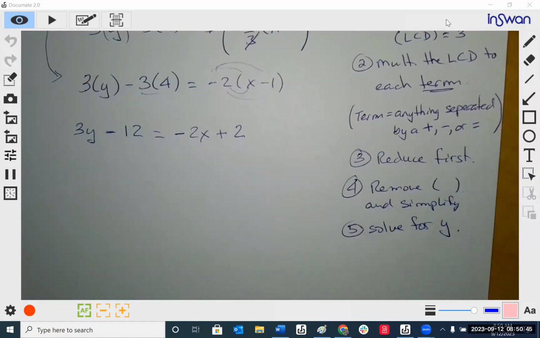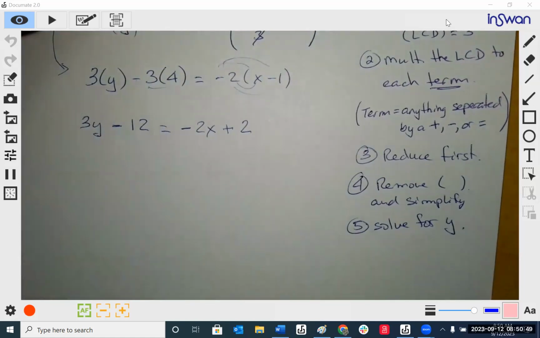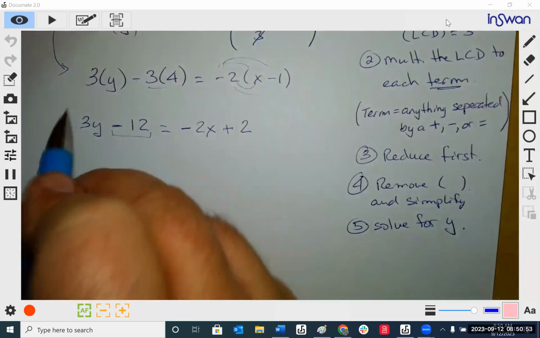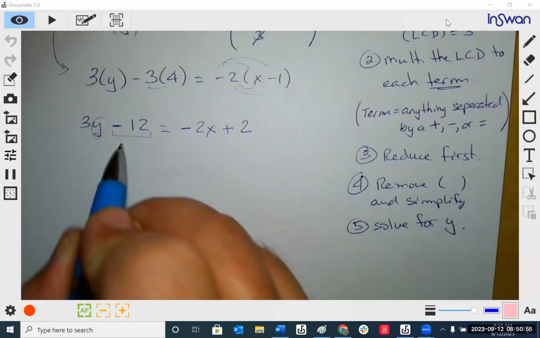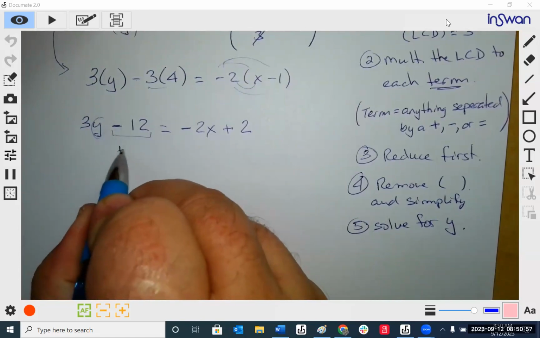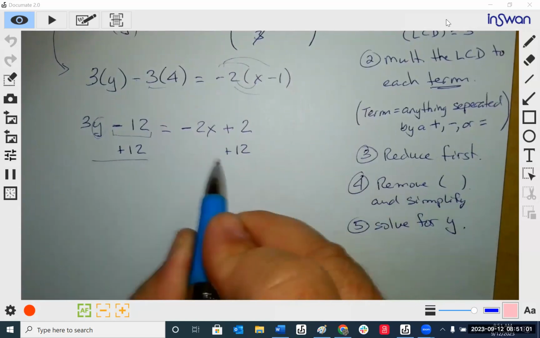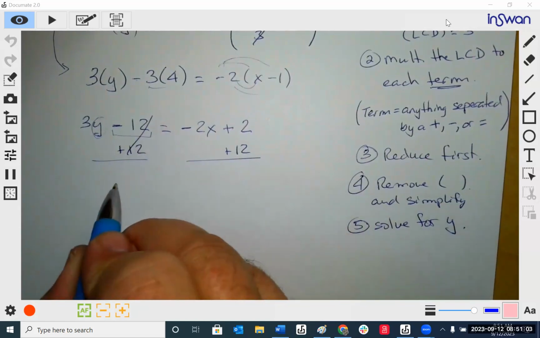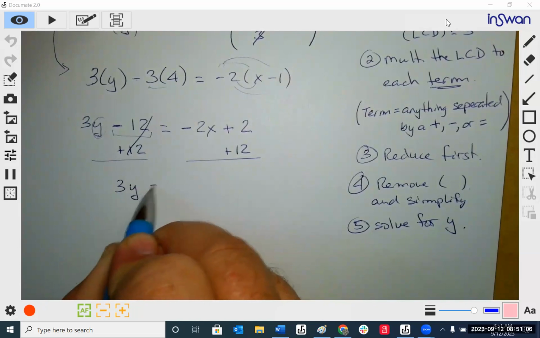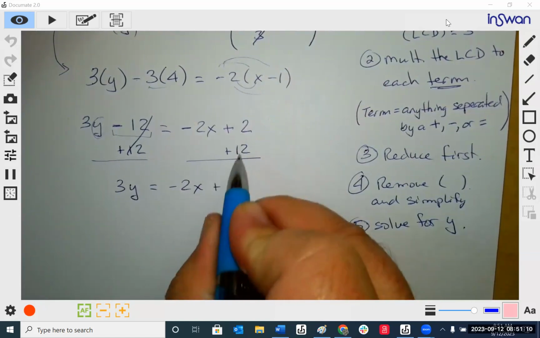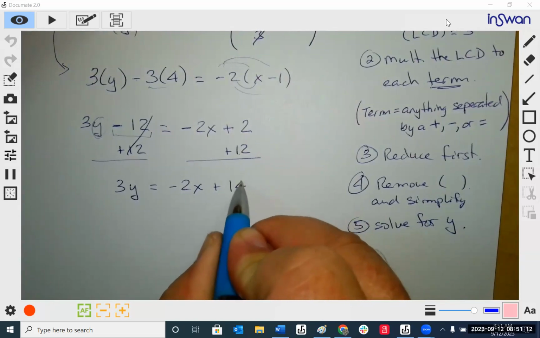Solve for y. What do you have to do to solve for y? Get rid of the plus and minuses first. Since we're solving for y, we have to get rid of anything plus or minus. So we add 12 to both sides. They're both positive. 12 plus 2 is 14.